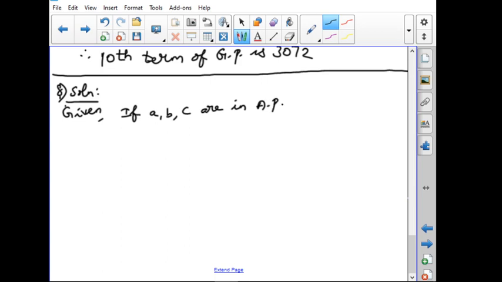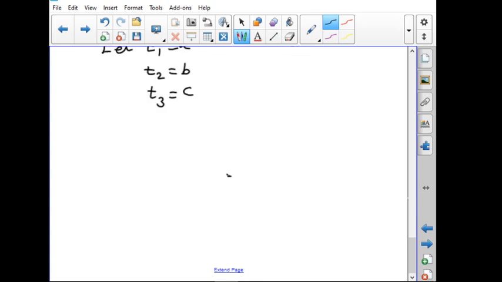Are in AP means they have given 3 terms. So we have to assume the first term, second term and third term. Let the first term be T1, which is a. The second term is T2, which is b. Next, the third term is T3, which is c. So first you have to assume T1, T2 and T3.